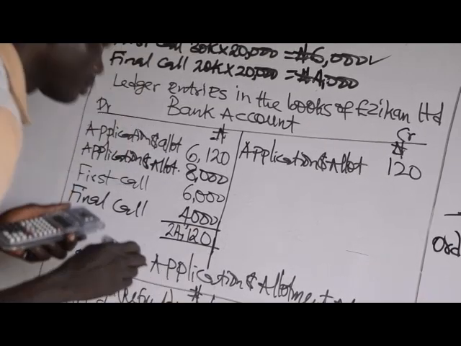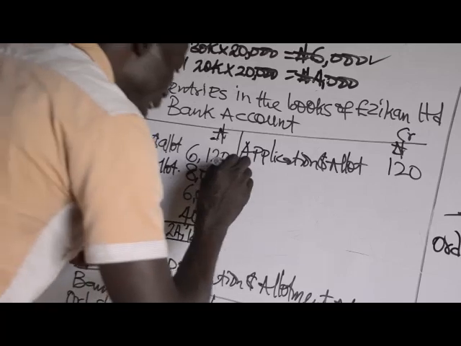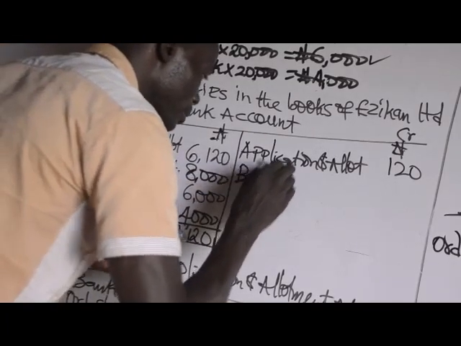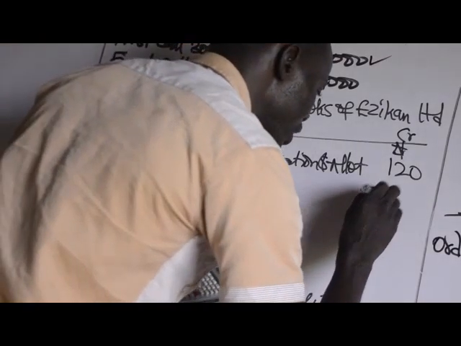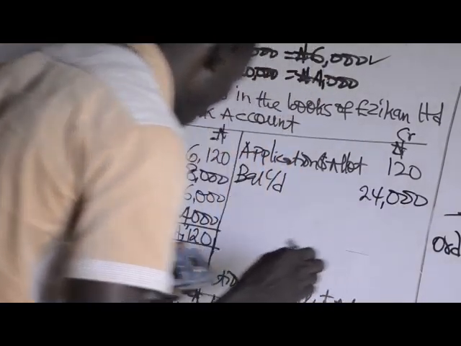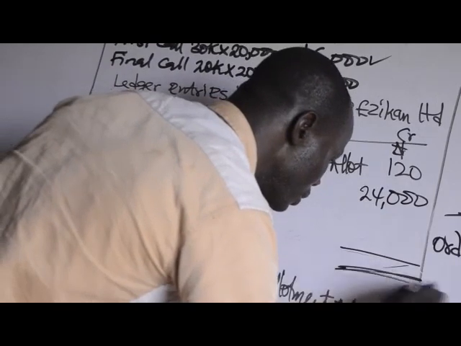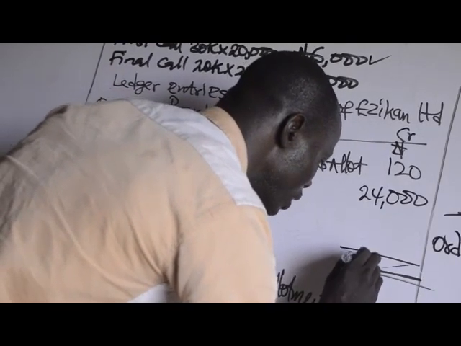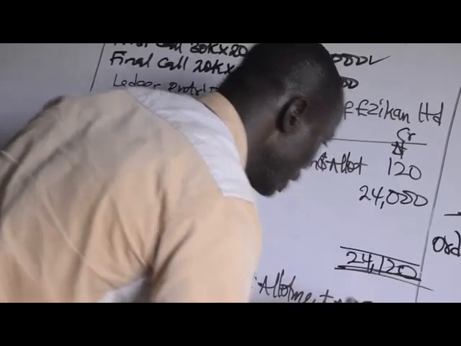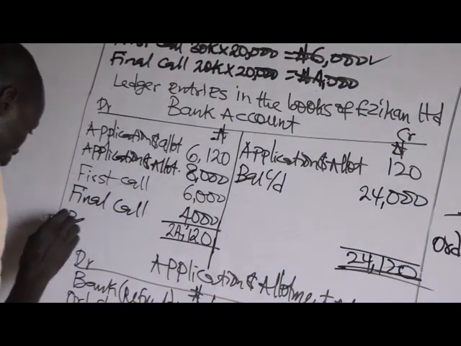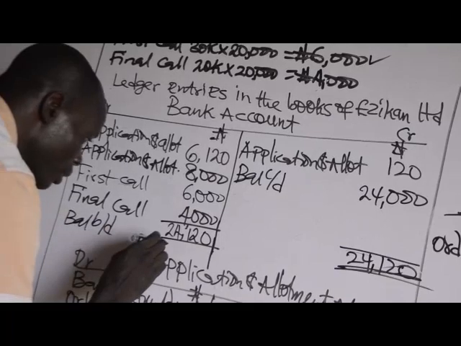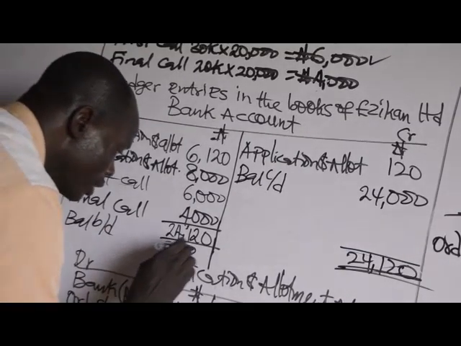So balance carry it down now. By the time you subtract 120, you'll be left with 24,000. The total is 24,120. Your balance carried down here will be brought down to the next period. Balance brought down 24,000.